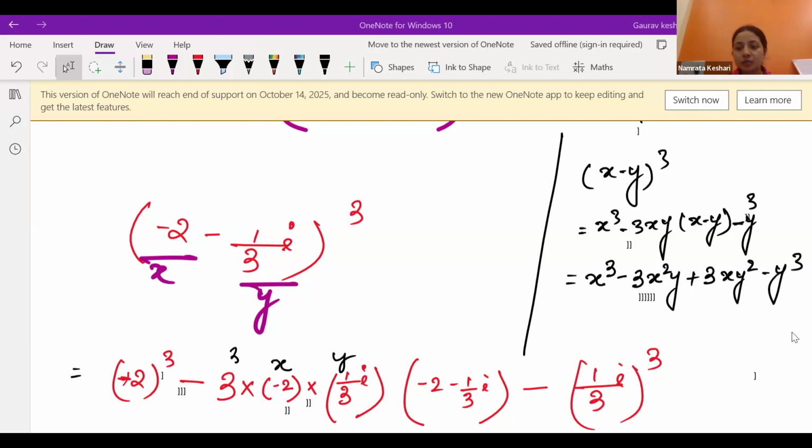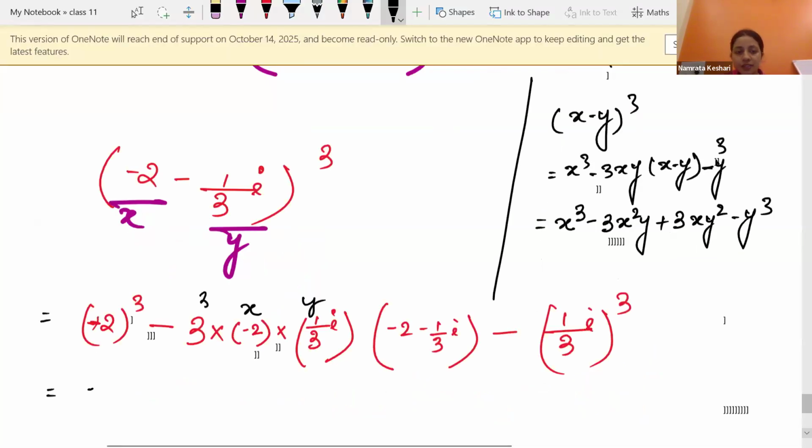Yeah, let's continue. Now we'll do the simplification. After simplification, minus 2 cube will be minus 8. Here we'll have 3 into minus 2, that is plus, and the 3 is gone also, so plus 2i, can you see?